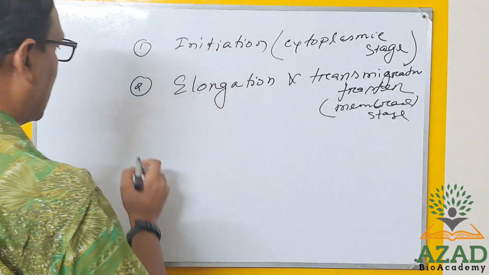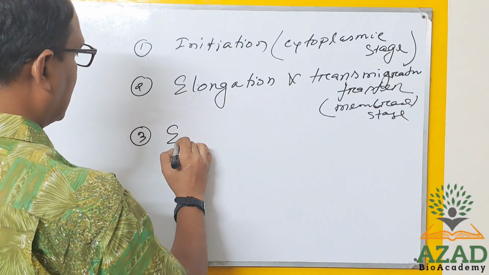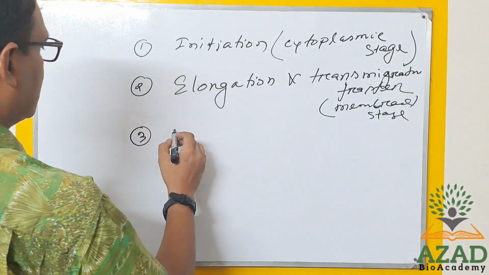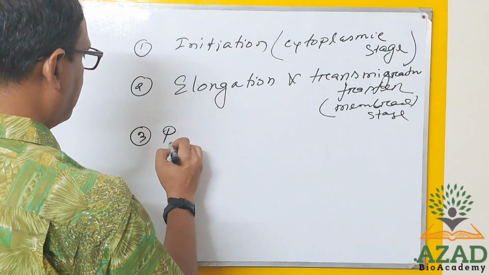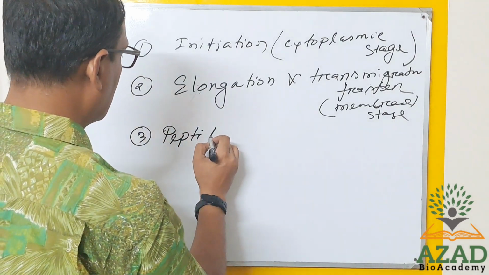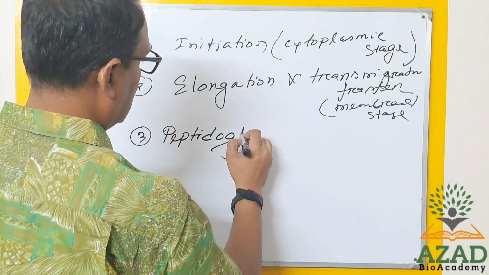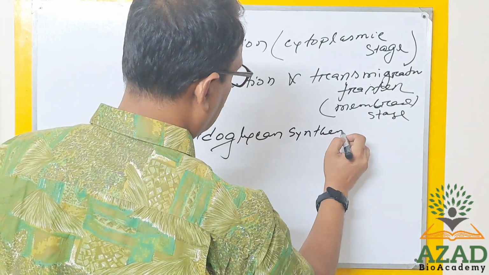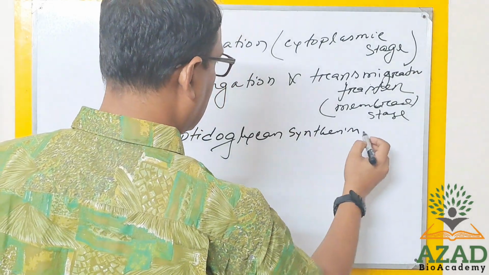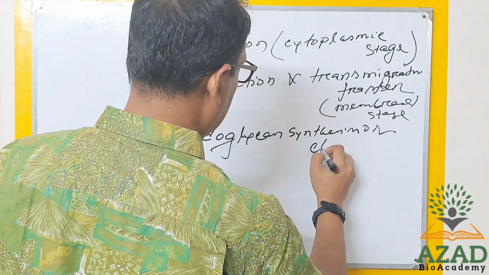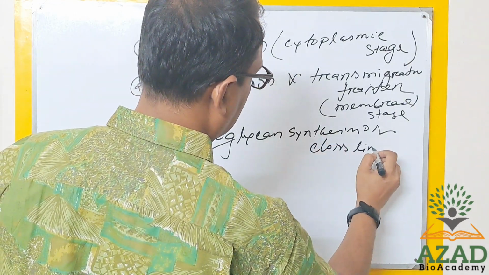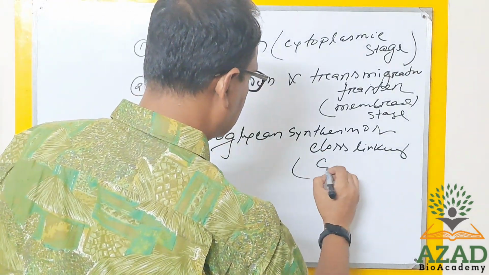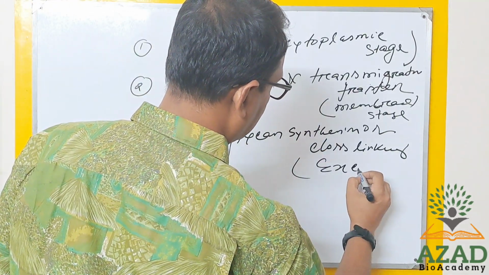And the third one is extracellular. The third one is basically the peptidoglycan synthesis stage, or you can say cross-linking stage, and according to the location it is the extracellular stage.